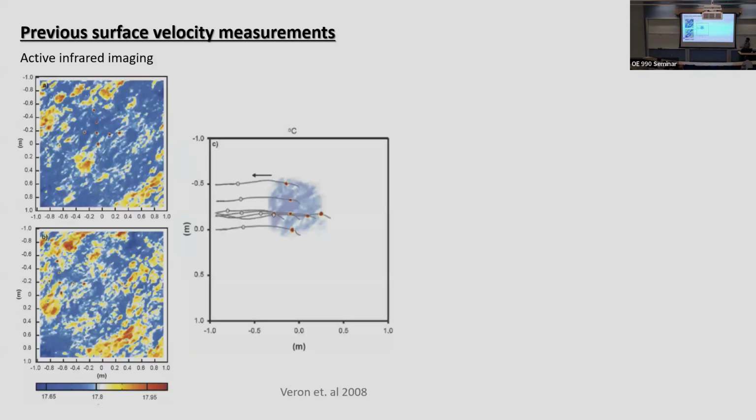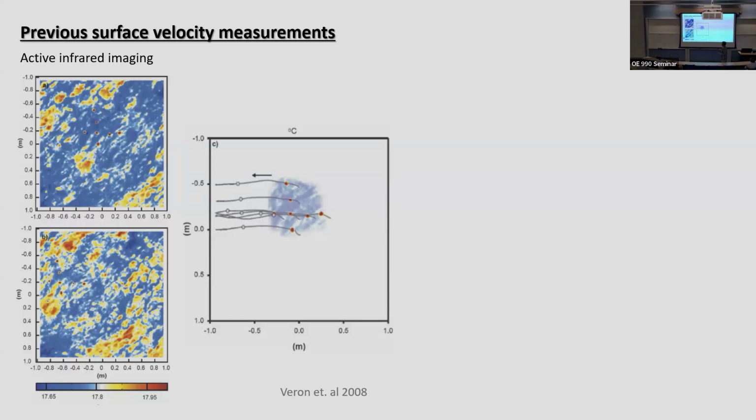Now, moving on to another form of velocimetry technique, active infrared imaging. This active infrared imaging for calculating velocity was first used by, one of the first people who used it was, Veron et al., and this work was published in 2008.